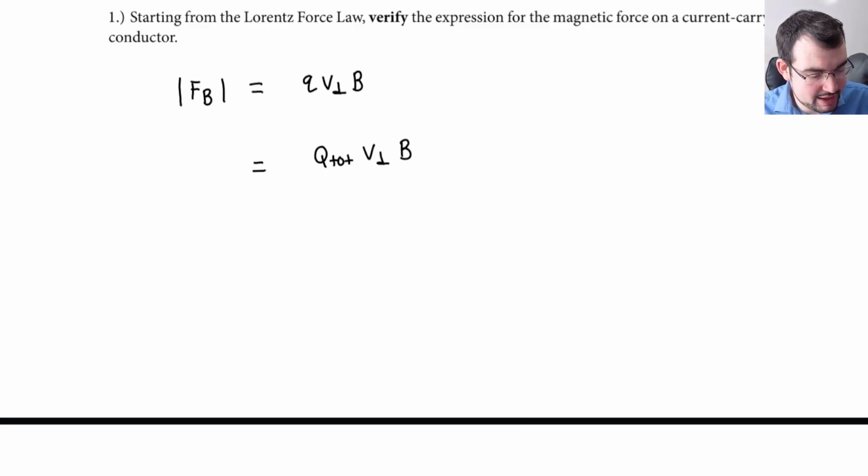And notice that we can actually expand out what this V term is. Because velocity is distance over time, and we assume that there's so many charge carriers that this drift velocity becomes constant.